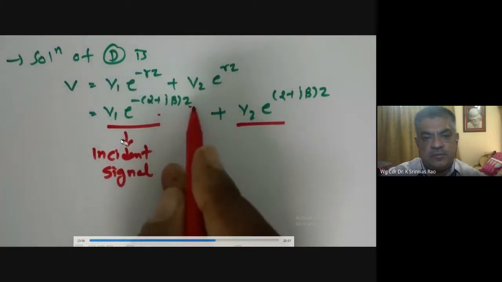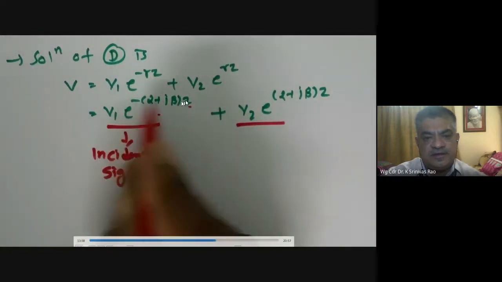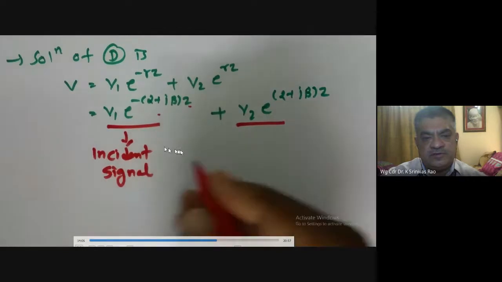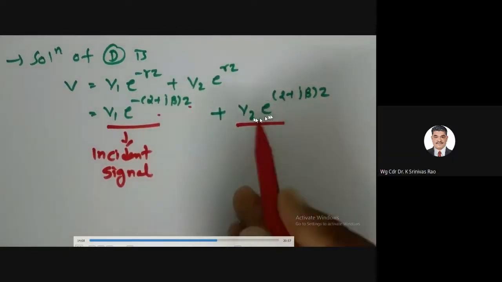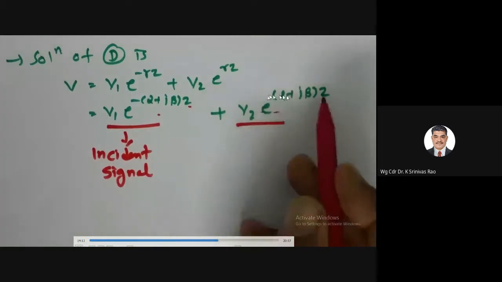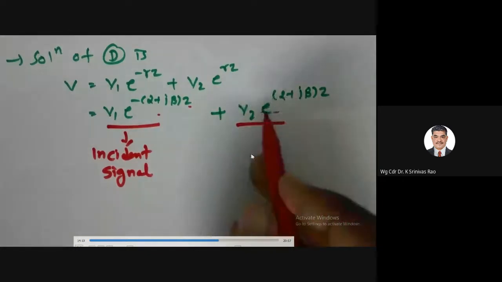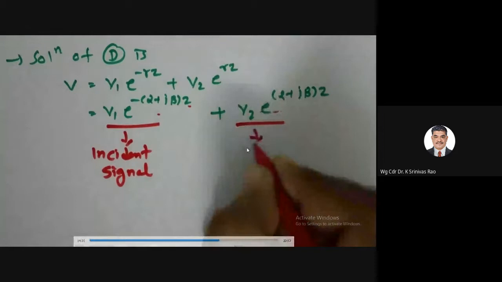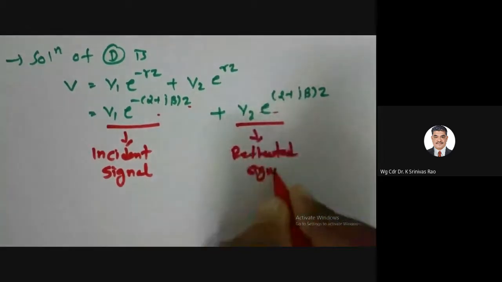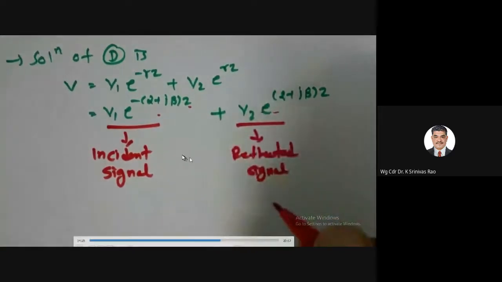We can call this whole term the incident signal. Now this other term is just opposite to the first wave. This is called the reflected wave or the reflected signal. We have forward wave and reflected wave.